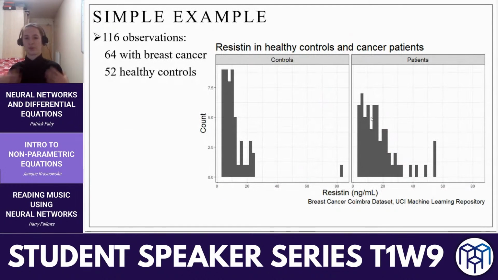So the first example I would like to give is a data set from the UCI machine learning repository, and it contains 100 observations, half of which are healthy patients, half of which are patients with breast cancer. And what we're going to look at is a hormone called resistin, and the name comes from resisting insulin. So it's a hormone related to diabetes, to obesity, to cholesterol levels.